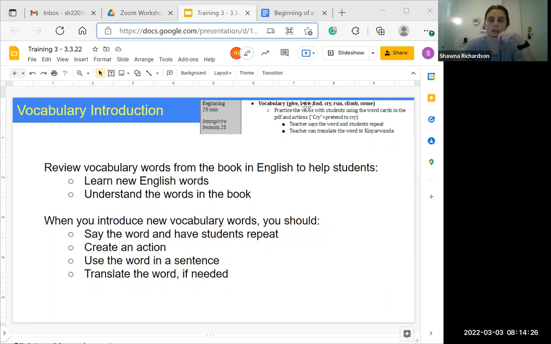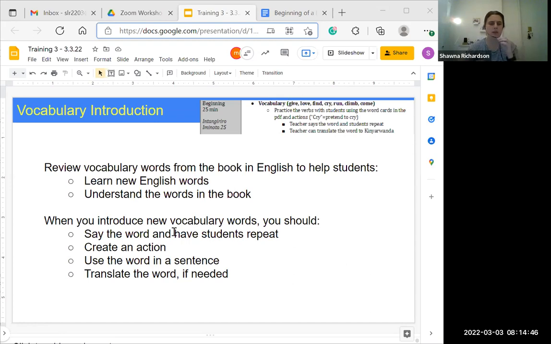So if the word is love, you can see up here, one of the vocabulary words is love. As you're reading the story, if they see the word love, they'll already know what that word means. So it will help them understand what's happening on the page.